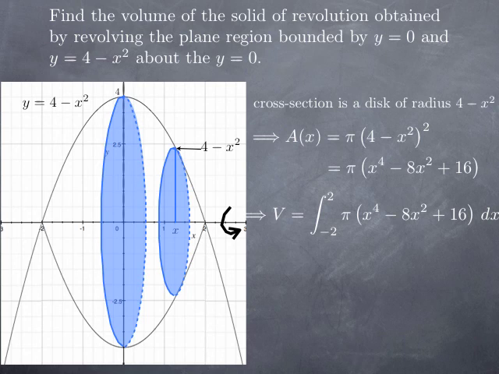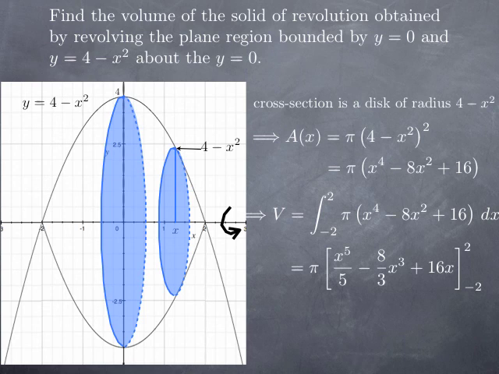Calculating this integral, well, first you could observe that we're integrating an even function on an interval centered at the origin, so it's really just the same as 2 times the integral from 0 to 2 of that function. Regardless, I can pull out the multiplicative constant pi, get an antiderivative for x to the 4th, that's x to the 5th over 5, for 8x squared, that's 8/3 x cubed, an antiderivative of 16 is 16x.